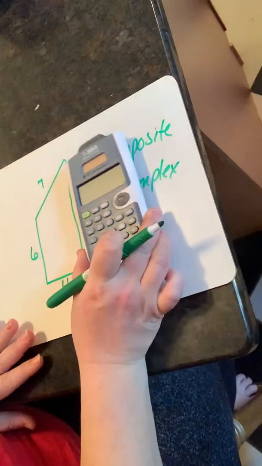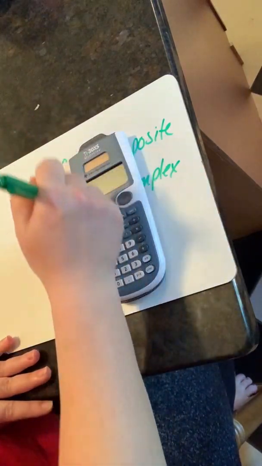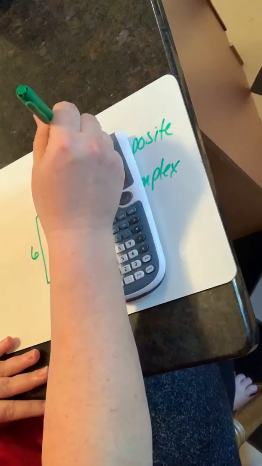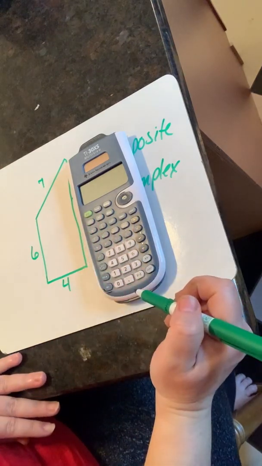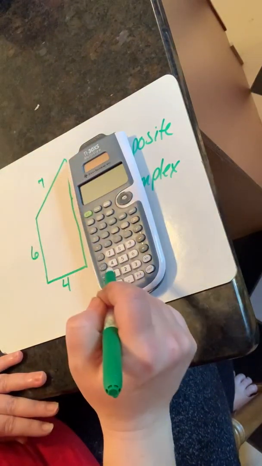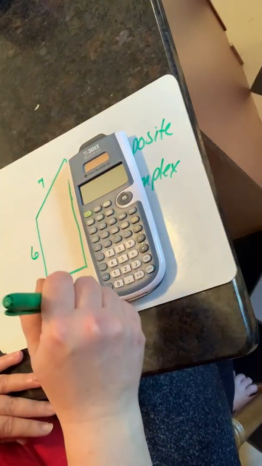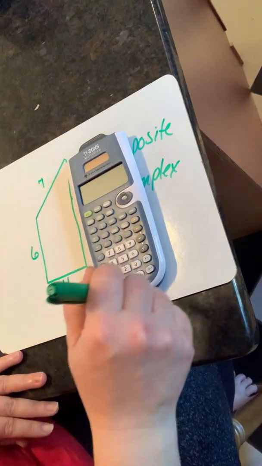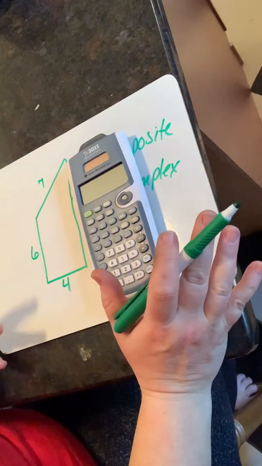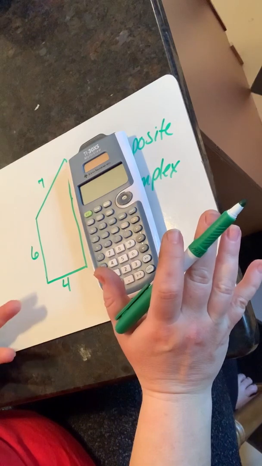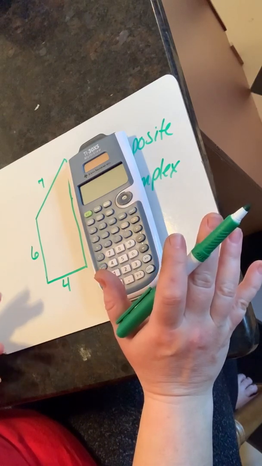So my calculator is a rectangular prism with a trapezoid on top, and it also has other different shapes built in on it. But if you just look at the outline of my calculator, it looks like it's a rectangle with this little, could be a semicircle, and a trapezoid on top. So everything that we have in reality is composed of composite shapes.